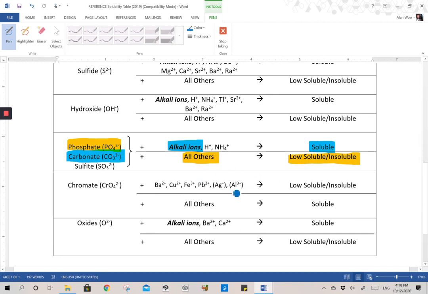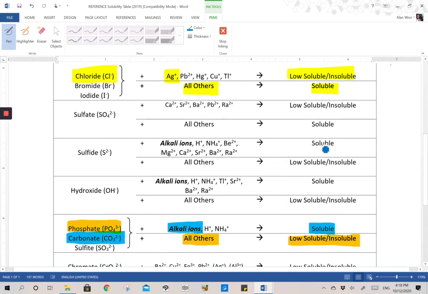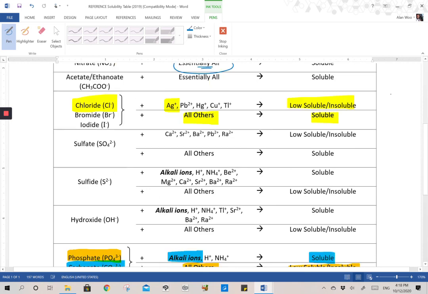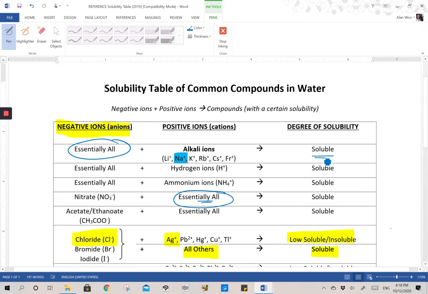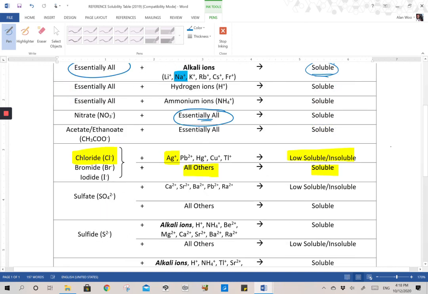You just have to make sure that you are looking at the right substances and that you are looking at the correct outcomes when you match them up. So hopefully this lesson has been somewhat helpful for you in figuring out what is soluble and what is not. Again, soluble means dissolvable. You're going to form aqueous solutions every single time you see this word soluble. And low soluble and insoluble means that you're going to form a precipitate, which is solid. All right, that's all I have. See you guys next time.